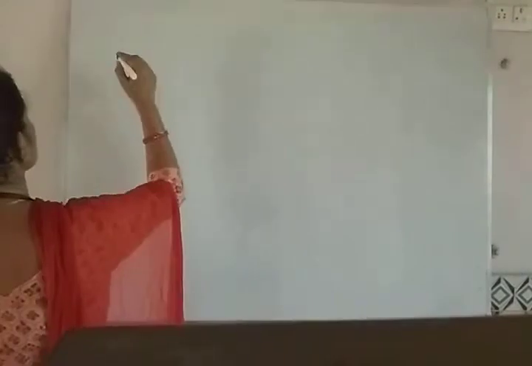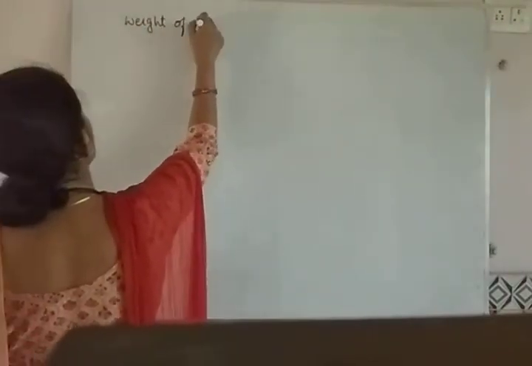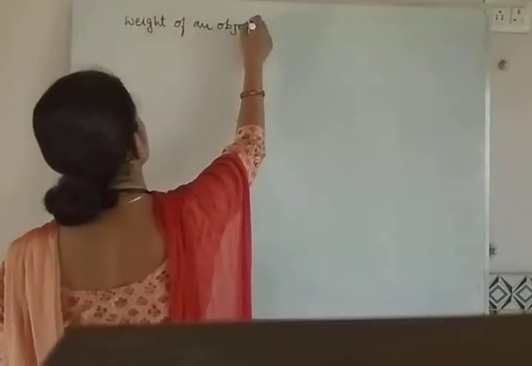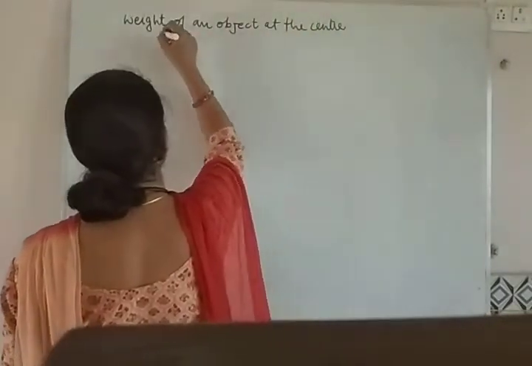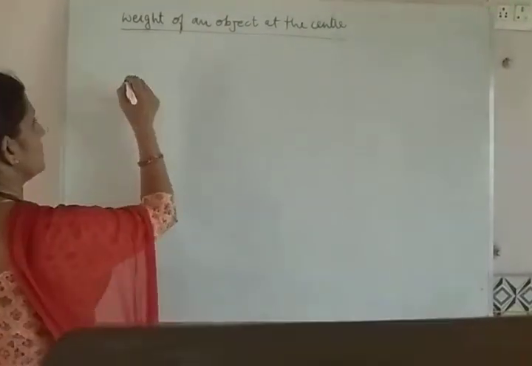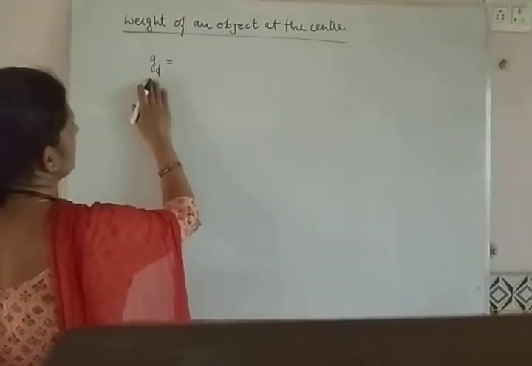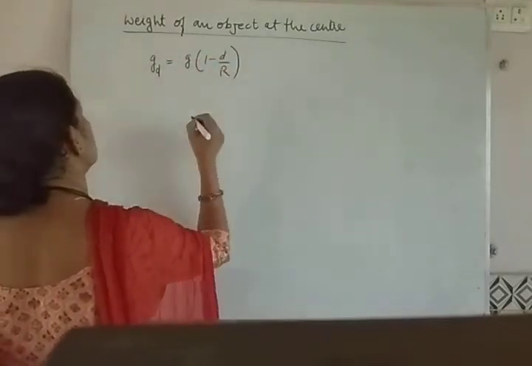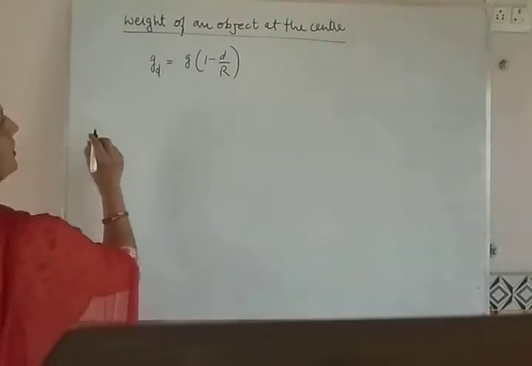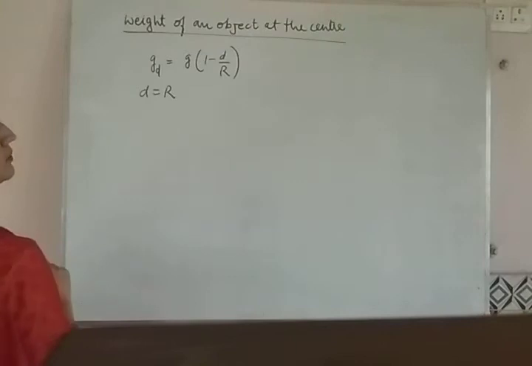From this variation, we can conclude 2 points. First, what is the weight of an object at the center? To know this, we have to know the value of g at the center first. This is g into 1 minus d by r, and at the center the d and r values become equal.